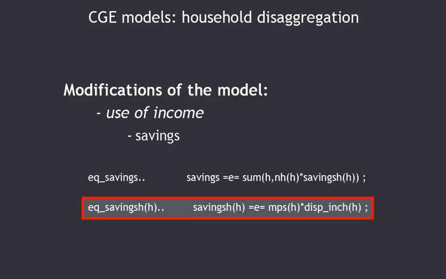Then we have an equation called EQ_savingsH, defined over H. It defines the saving of a household of category H, and it is expressed as follows. The saving of a household of category H is equal to the propensity to save of this category of households times the disposable income of this category of households.